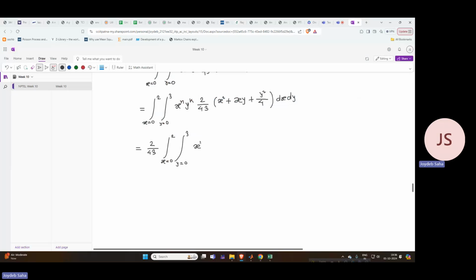So we can write it as x to the power n plus 2, y to the power k, plus x to the power n plus 1, y to the power k plus 1, plus 1 upon 4 x to the power n, y to the power k plus 2, right?